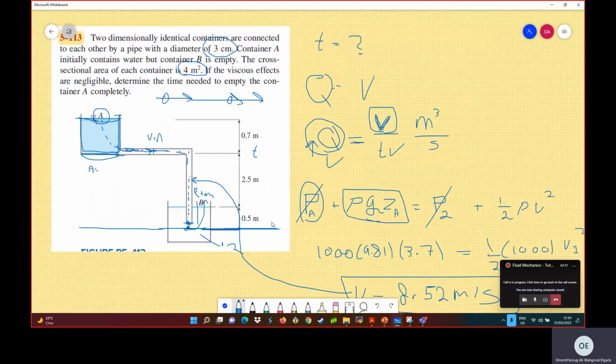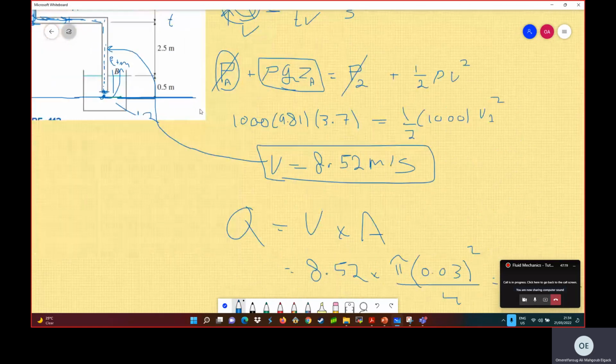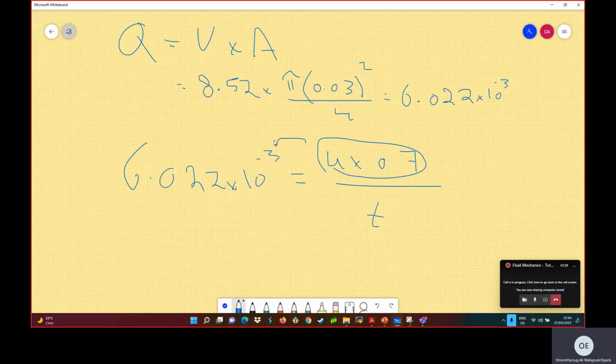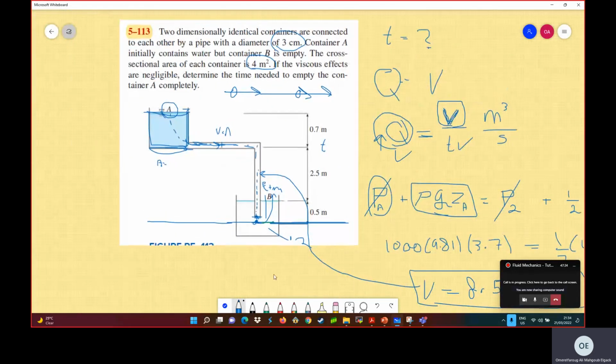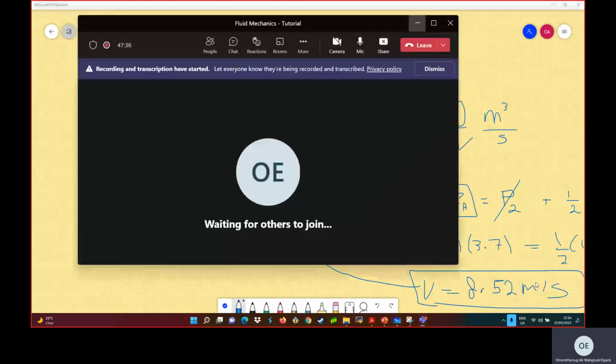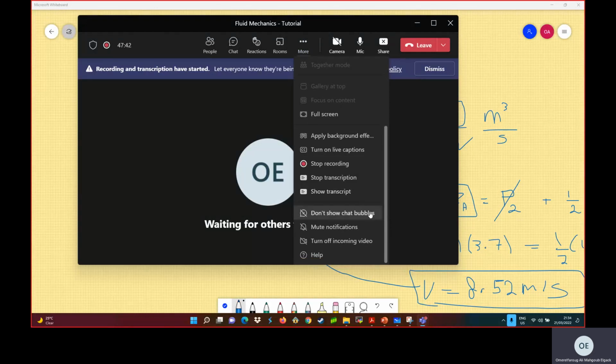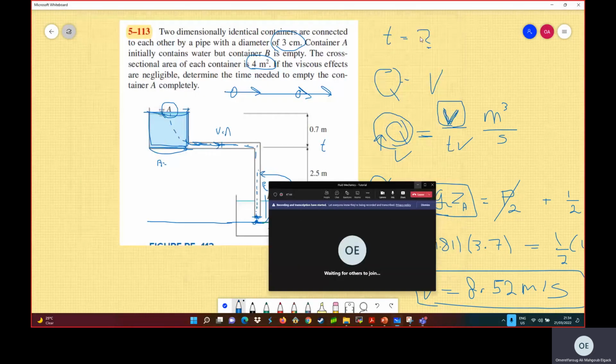So here, 4 multiplied by 0.7. And here you have the time. You can find it by dividing this one by this one. Okay. What else?